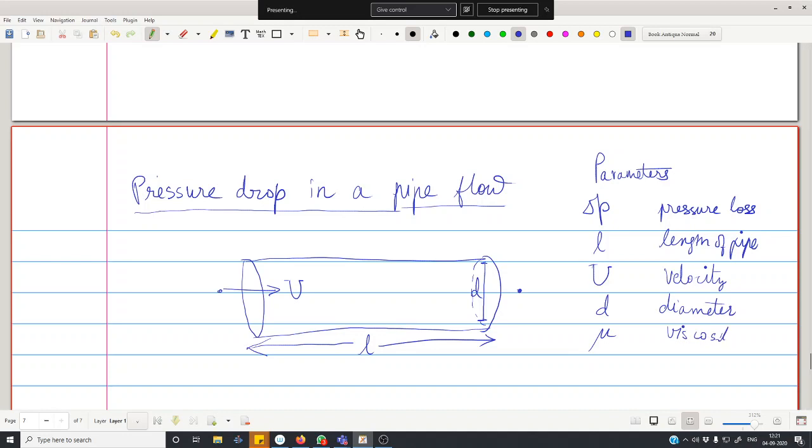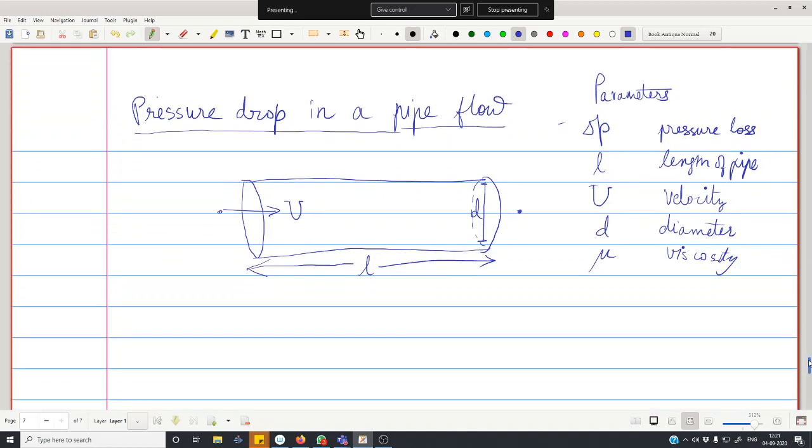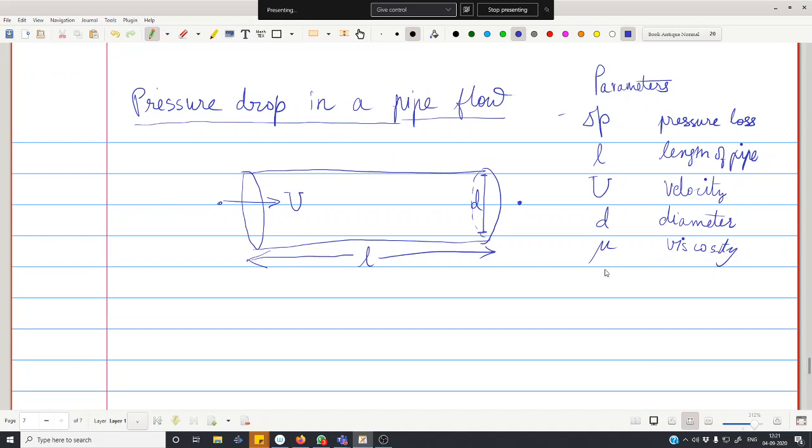So coefficient of viscosity, good. What else? Pressure is already here. The density of the fluid. Temperature? No, not temperature. There are no thermal effects as such.